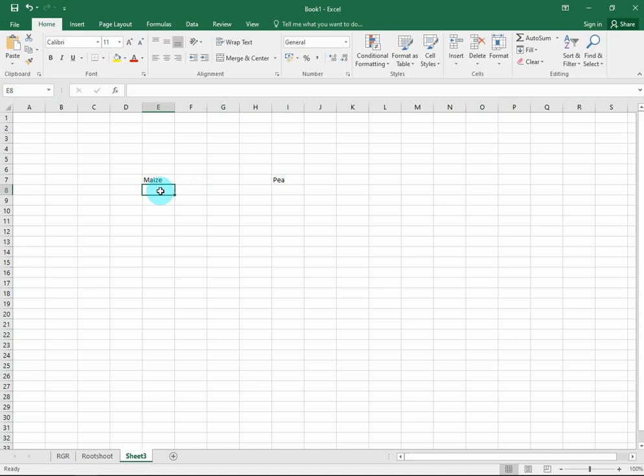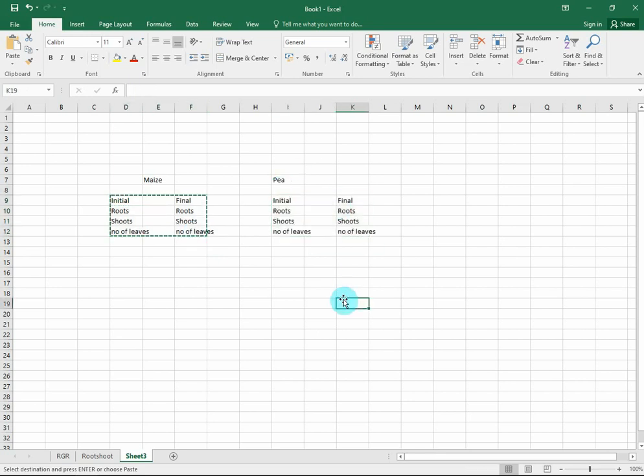So we have to remember that you measured roots, shoots, number of leaves. You measured the initial and you measured the final. Okay. And you measured it for maize and you measured it for pea.